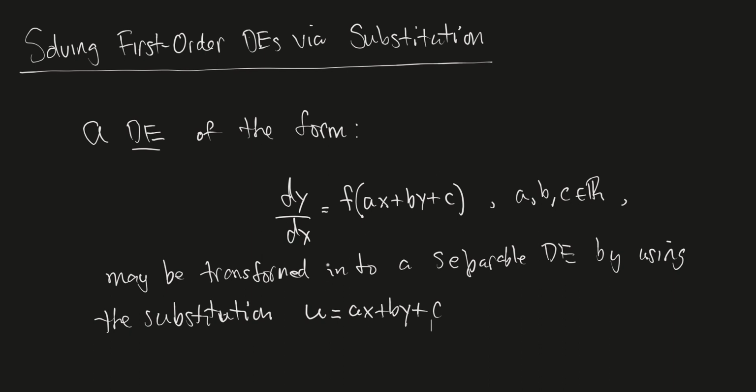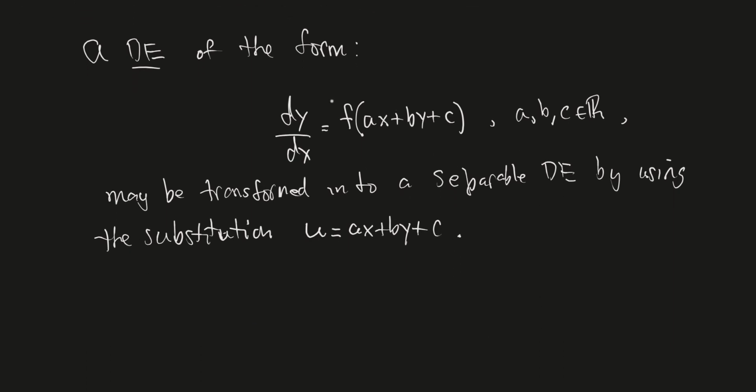So essentially, we're going to utilize this inner function, this ax plus by plus c. The goal is to transform this differential equation where we have a dependent variable of y and an independent variable of x into one where the dependent variable is now u, and we want to keep x as our independent variable.